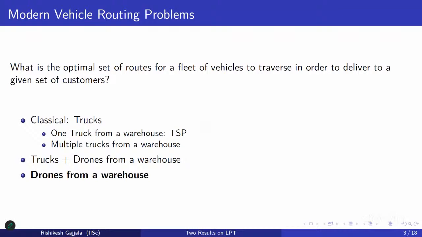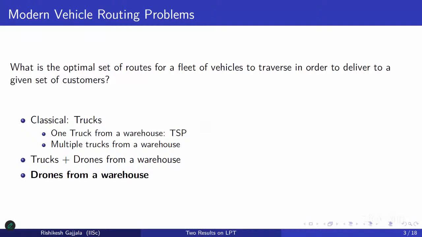Okay. So there are a lot of vehicle routing problems which are being studied in the operations research community. And Rahul was talking to someone called John Carlson, and he introduced Rahul to problems with trucks, drones, and a lot of things. The high-level problem they look at is what is the optimal set of routes one has to decide for a fleet of vehicles, so that you traverse and deliver all the parcels to a given set of customers.